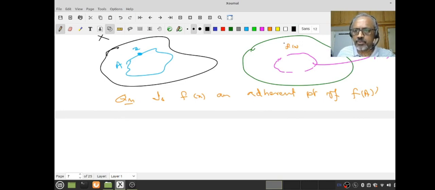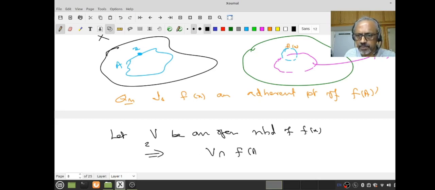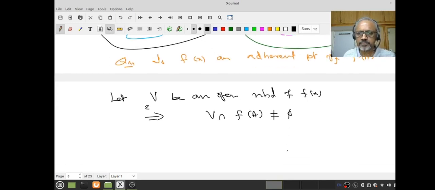I have to start with an open set of f(x). So let V be an open neighborhood of f(x). What do I have to prove? Does V intersect f(A)? This is what I have to prove.